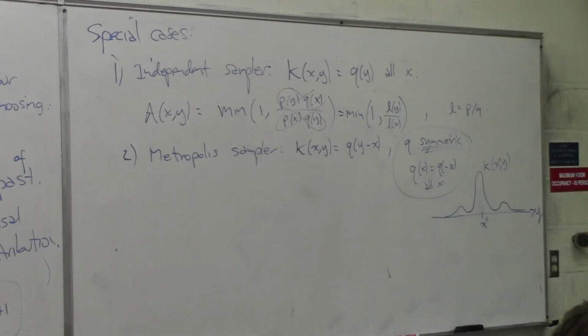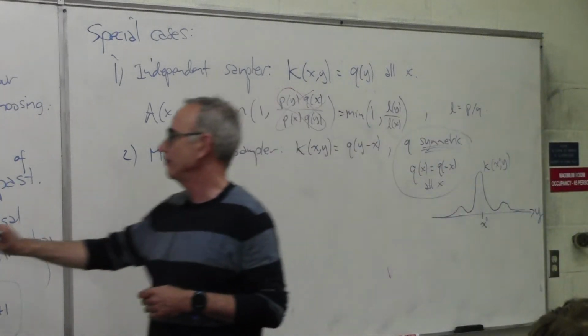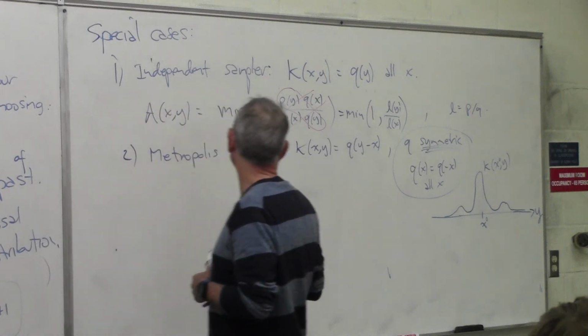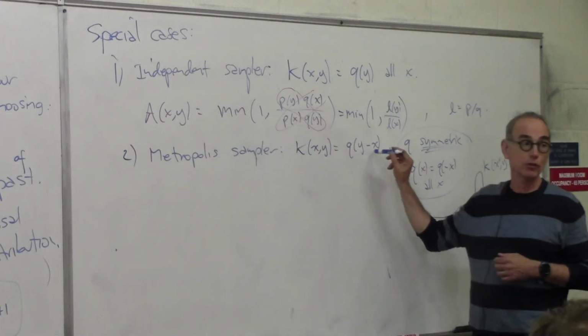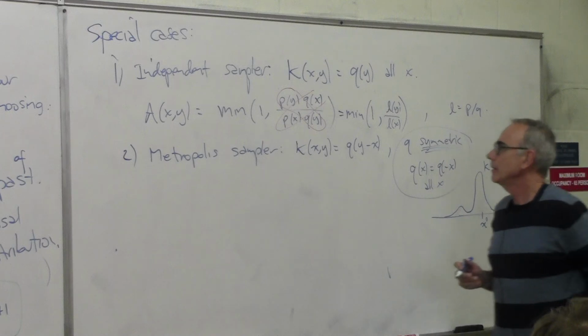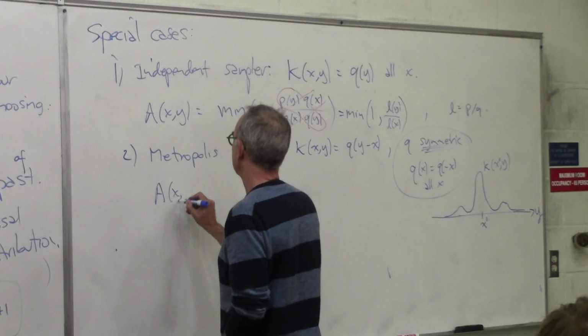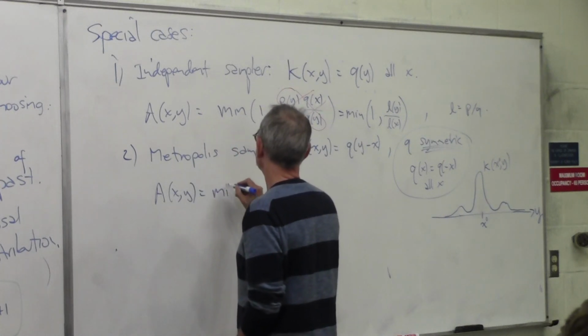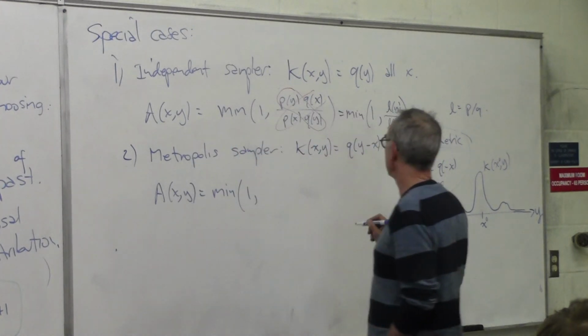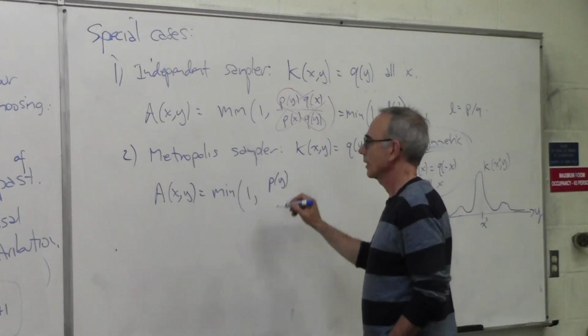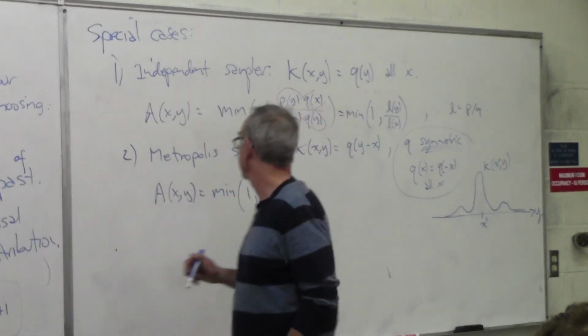That was the first big algorithm that came about in the 40s, and then Hastings improved it. So this is a Hastings Metropolis algorithm. Basically this general result. The Metropolis sampler is this very special case. And let's take a look at this. So I've got my P of y, and I've got k y to x.